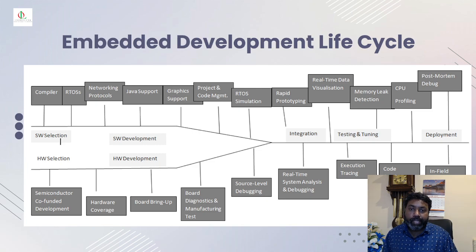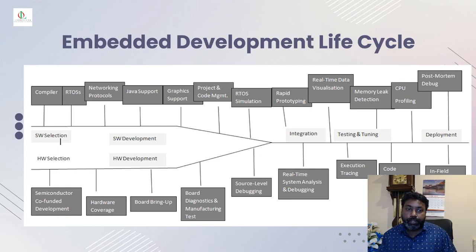So let's learn about the embedded development lifecycle. As you know from the definition, embedded system design has a combination of both hardware and software with some associated mechanical parts. And this is what the development lifecycle involves. It has got both software and hardware.